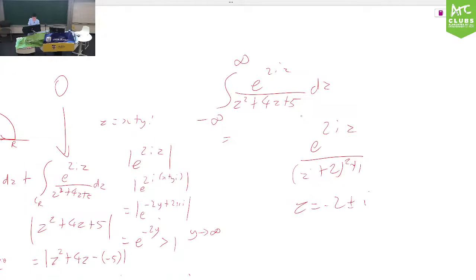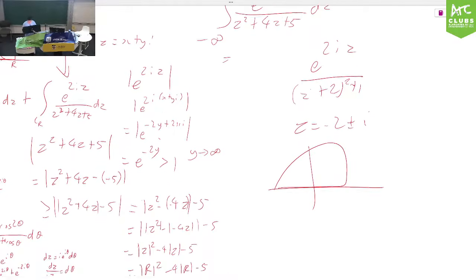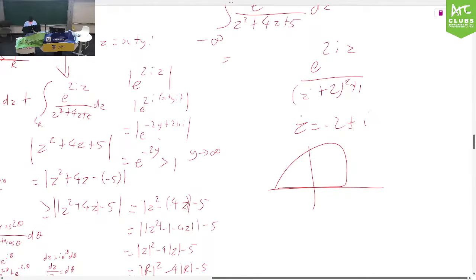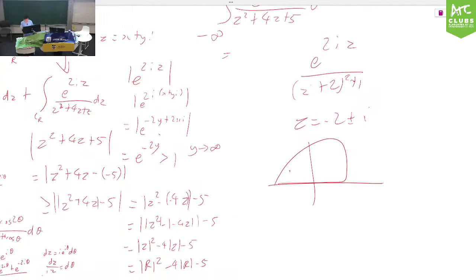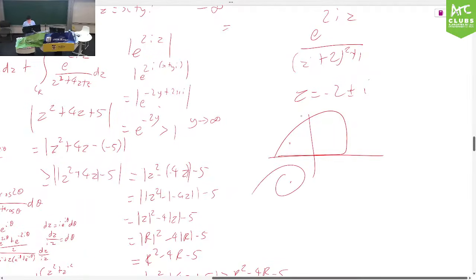Okay, so find all the residues of these singularities, but remember, we already said our contour basically looks like that. Minus 2 plus i is something like here, and the other singularity is down here. We don't really care about this singularity because it's not in our contour. We only care about this one. So we only need to find the residue at minus 2 plus i.